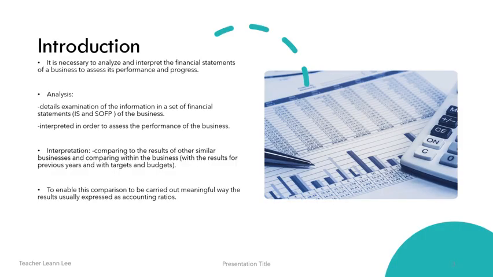It's very important to analyze and interpret the business financial statement so that the owner will know how well the business goes and how well the business performs. As usual, we use the financial statements, the IS and SOFP, to see the data of the year: how well the sales are, whether they are making a gross profit, and whether they are making a profit or loss for the year.